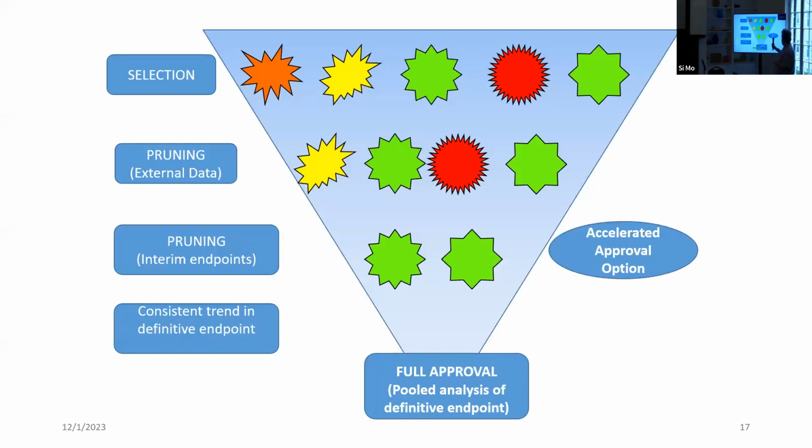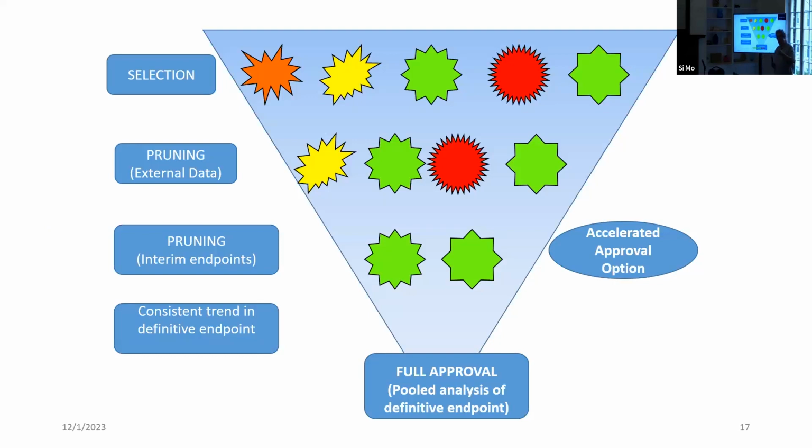So this is the design, and clearly I'm not going to have time to discuss it, but it's kind of like a funnel. You start from the top and go to the bottom. And all these cartoon shapes are indications: lung cancer, breast cancer, colon cancer, et cetera. And you go through the design, and it weeds out the ones that are not promising, because if you're going to pool all these things together, they need to be the same.